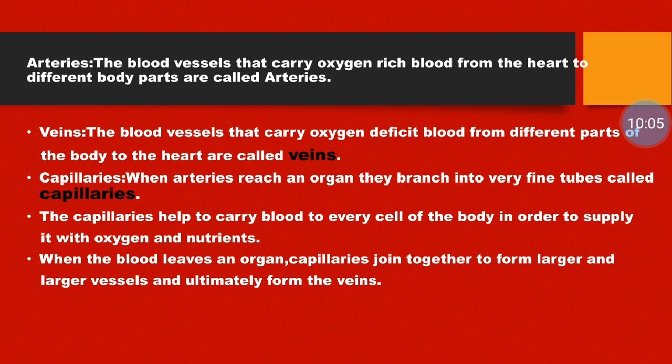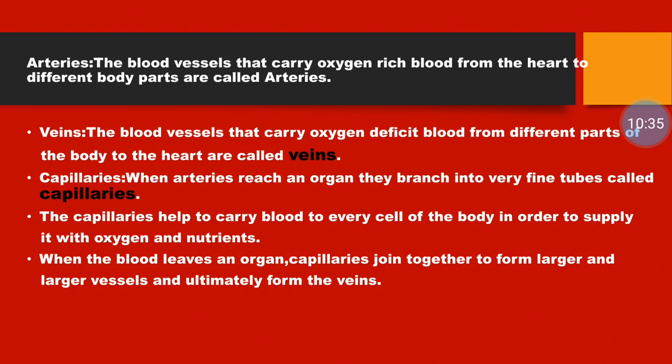A blood vessel that carries blood which is low in oxygen content from different parts of the body to the heart is called a vein. So as I already told you, arteries will be carrying blood which is rich in oxygen content, whereas the veins will carry the blood which has low oxygen content in it.